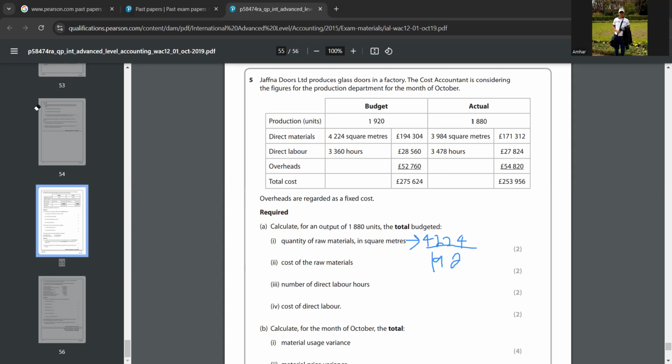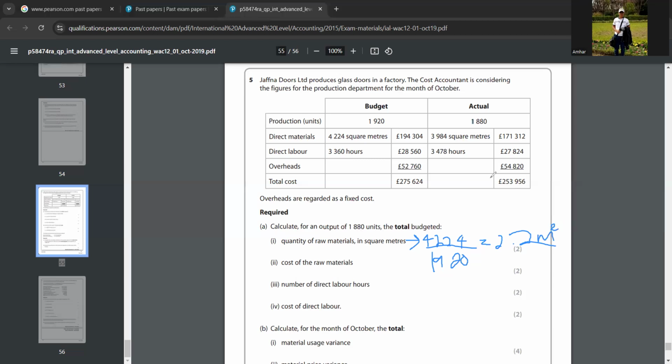Correct. So 4,224 divided by 1,920 is 2.2 square meters. To produce 1 unit, you need 2.2 square meters.